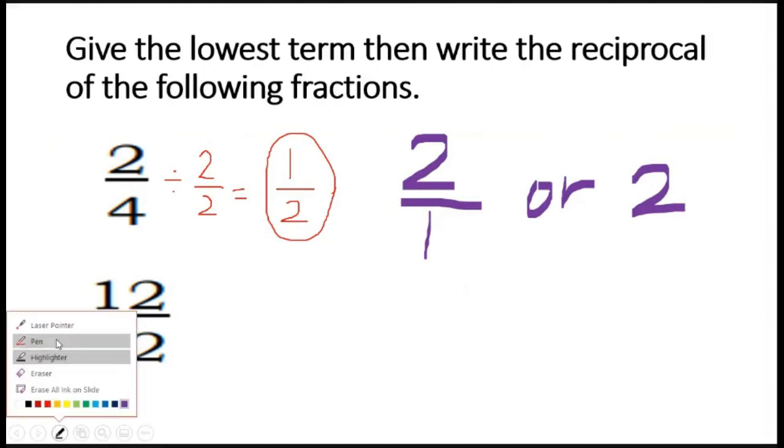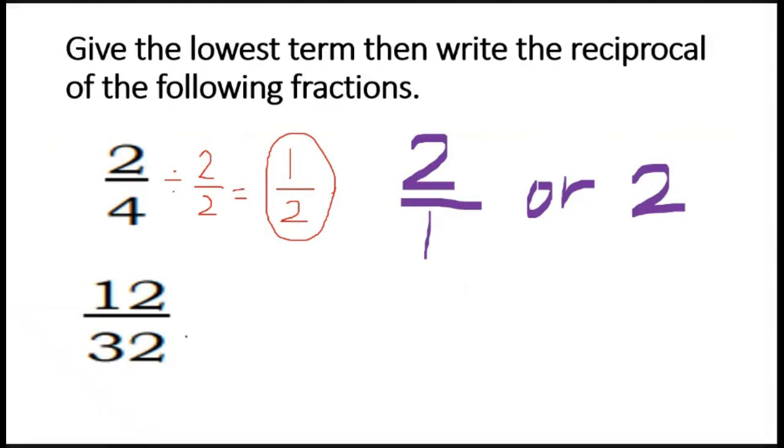So we have now 12 over 32. As you can see on our given, they are both even numbers. So we can divide numerator and the denominator by 2. So 12 divided by 2 is 6. And then 32 divided by 2 is 16.